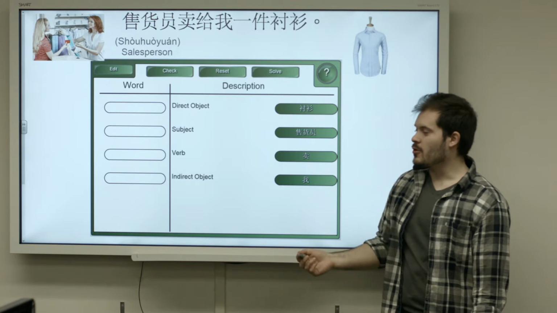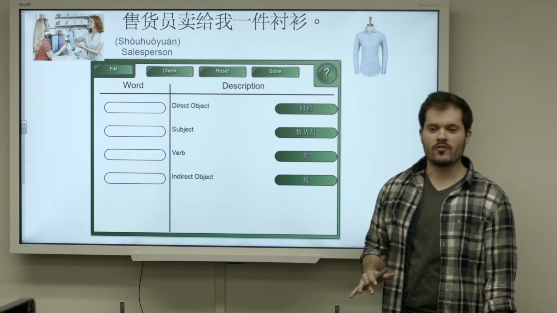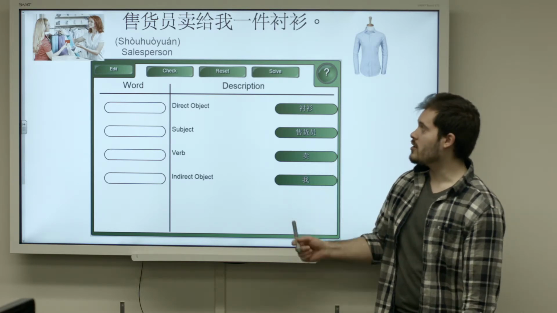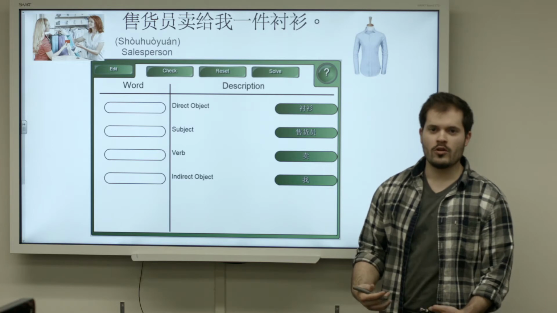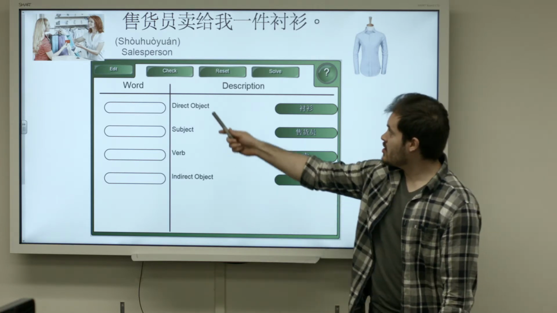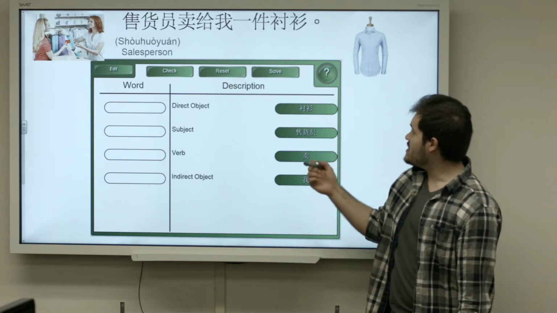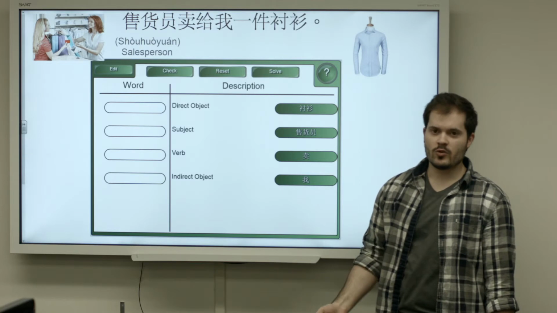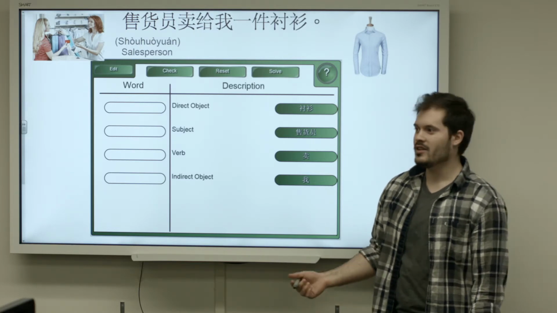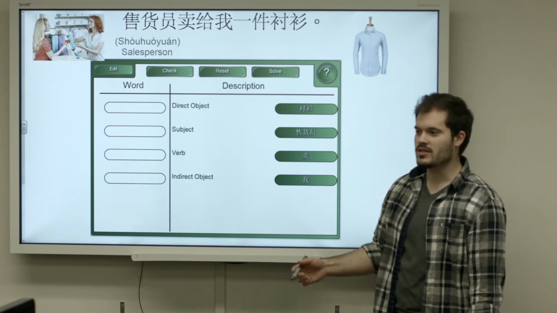All right. So this one involves that other use of 给 as a preposition rather than a main verb. So this says 售货员, the salesperson, 卖给我. 卖 is the fourth tone 卖 means sell. So this is sell to me. 卖给我一件衬衫. 一件 is the measure word for shirts, or really, I think any item of clothing is going to be 一件 or 一条. 一条 is for pants and long things.